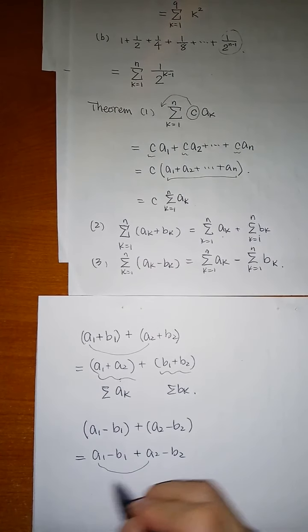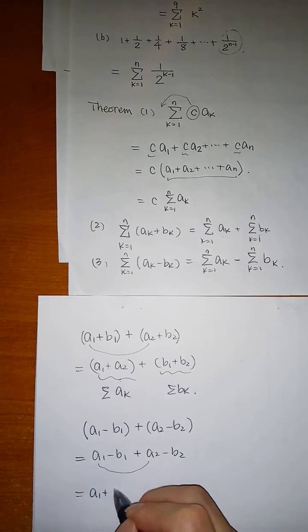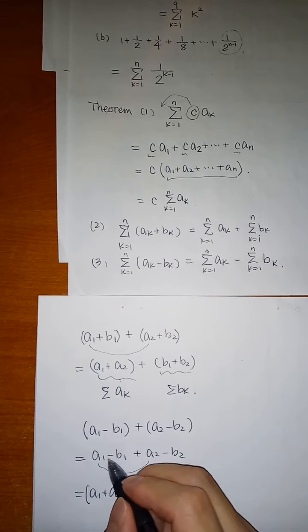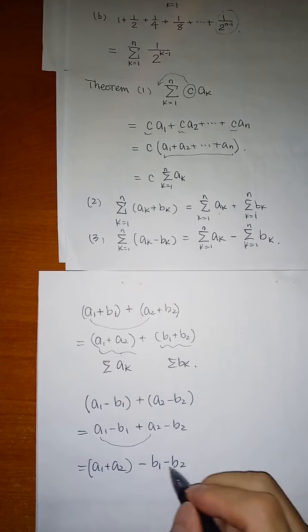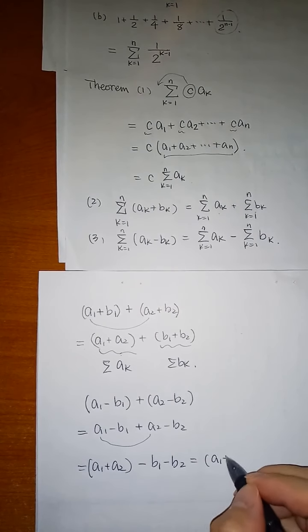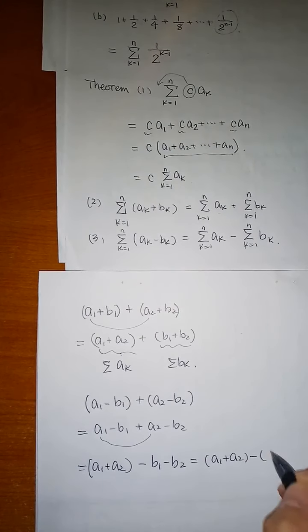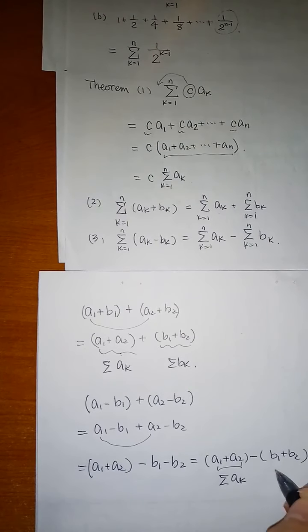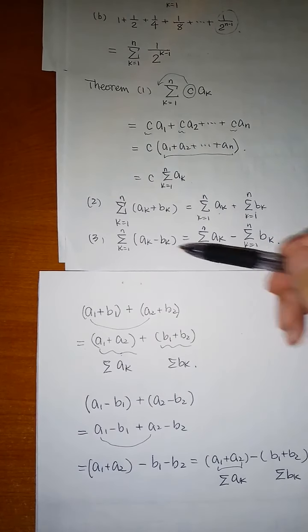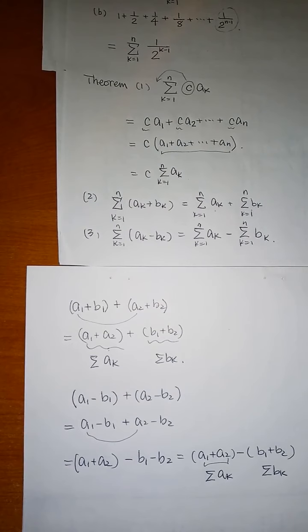I put A1, A2 together, minus B1, minus B2 together. But minus minus is minus, factor out the minus sign: B1 plus B2. And again, this is sigma AK and this is sigma BK. So that is the difference case.